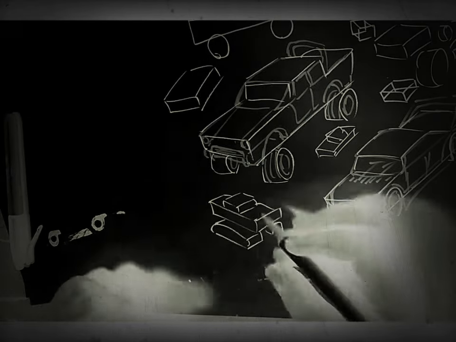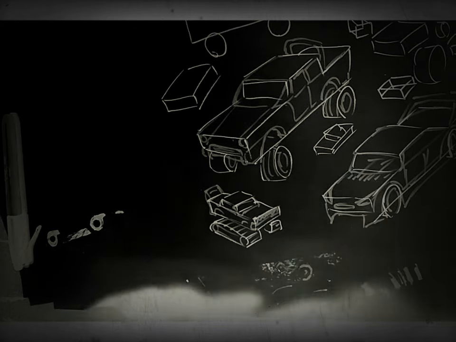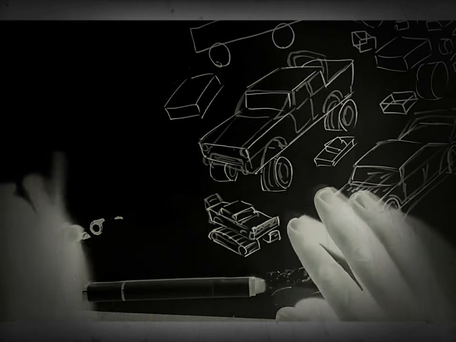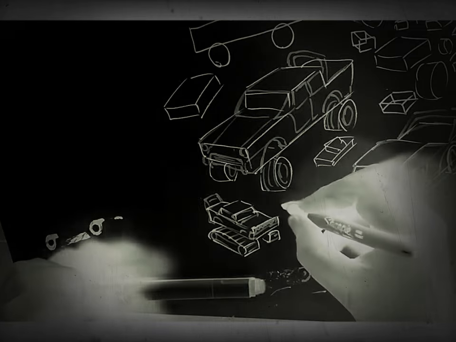Do a square block shape at the bottom here, and from that do lots of lights going across, bumper, windscreen again, rims, and for the bottom here do some caterpillar tracks. Simple basic shapes.